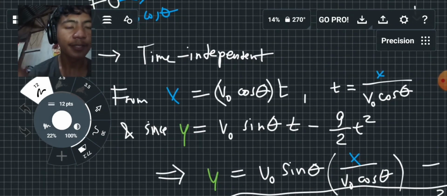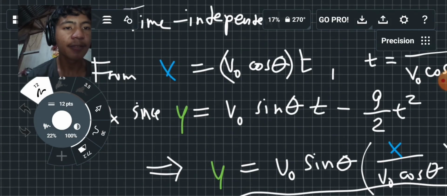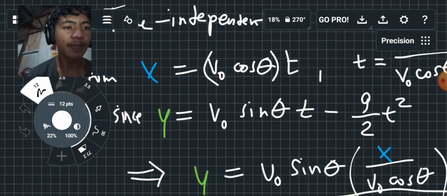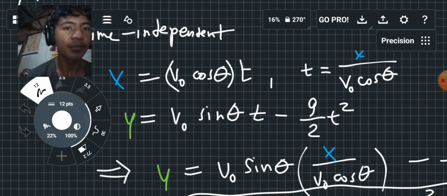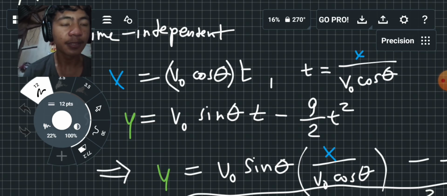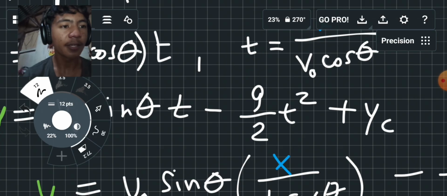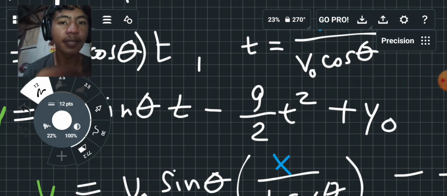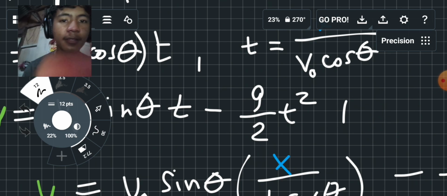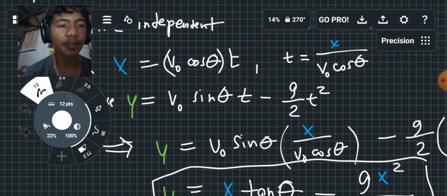So from this, since y is given by v naught sine theta t minus g over 2 t squared from the last video, there actually should be a y naught here, but I'm just considering that to be zero, so we can just ignore that and focus on the main equation.